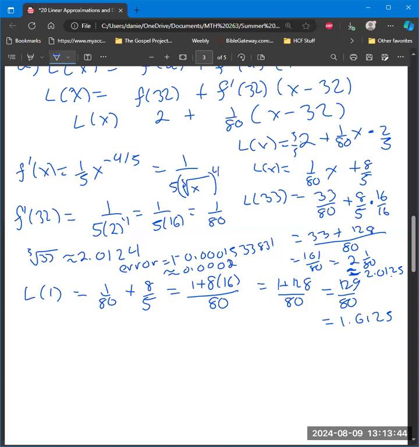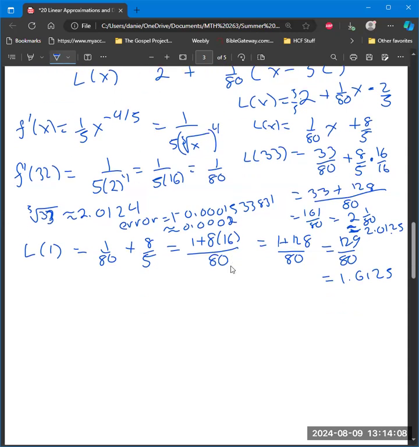Let's call that 0.0002 when we round to 4 decimal places. It's very, very good because I stayed close to my original value there of the fifth root of 32. So now I know that the error here is going to be the absolute value of 1.6125 minus 1.0000. This is 0.6125.